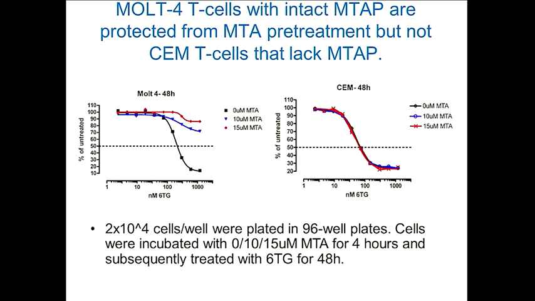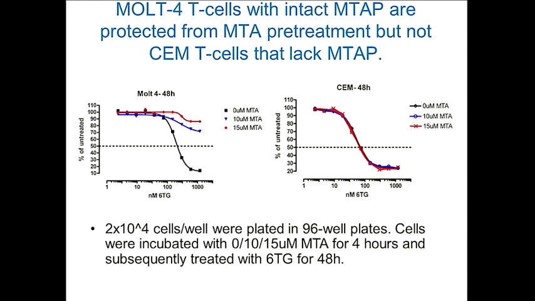So can you show this actually in these 2 cell lines I described before, one which has MTAP and one lacks MTAP? This slide very nicely shows that the CEM cell line, which lacks MTAP, by giving methylthioadenosine before 6-thioguanine has no effect on the lethality of the 6-thioguanine.